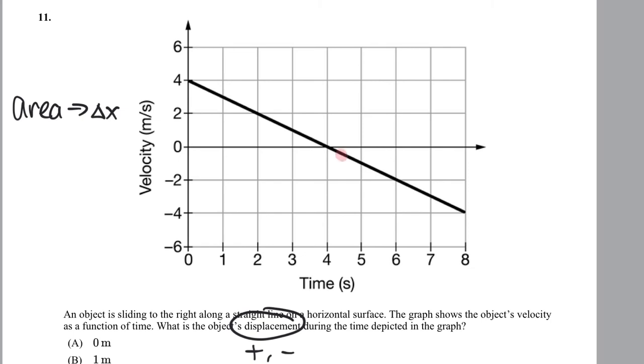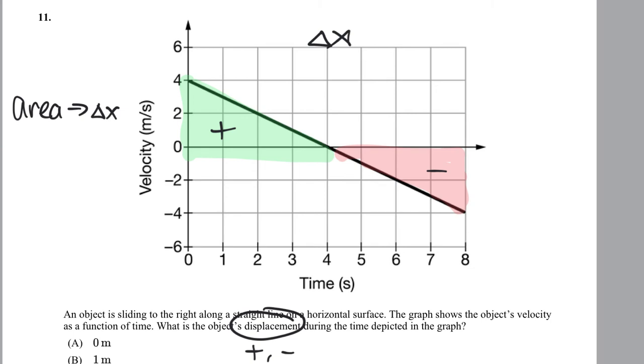So let's look at this. These triangles look pretty even to me. So that means our displacement is going to be 0 because they look pretty even, so they cancel each other out. We can also look at this intuitively.